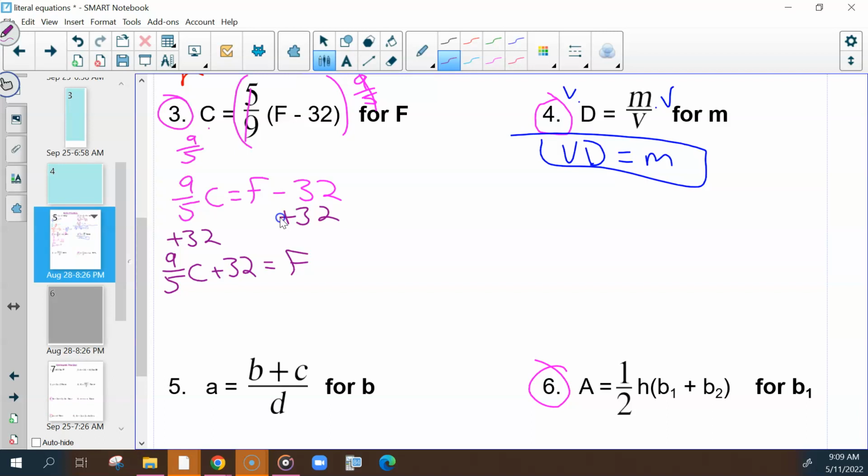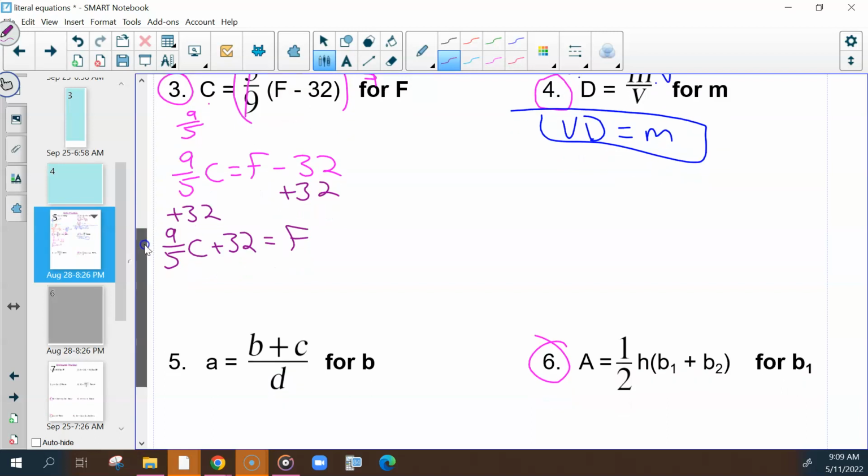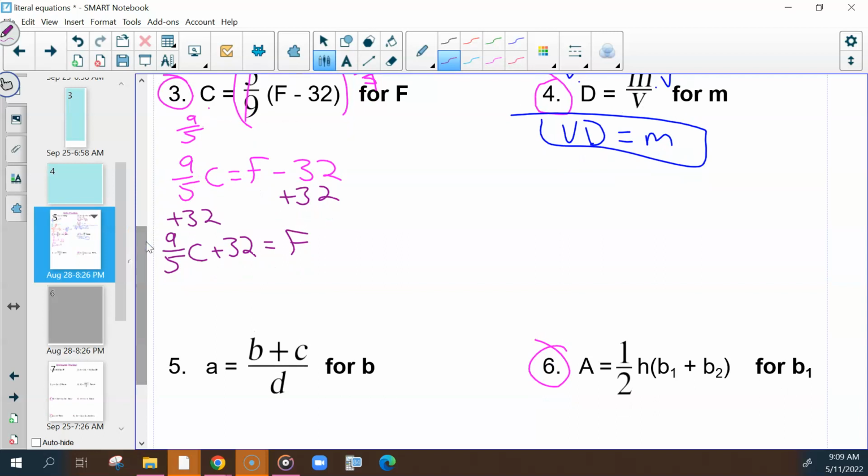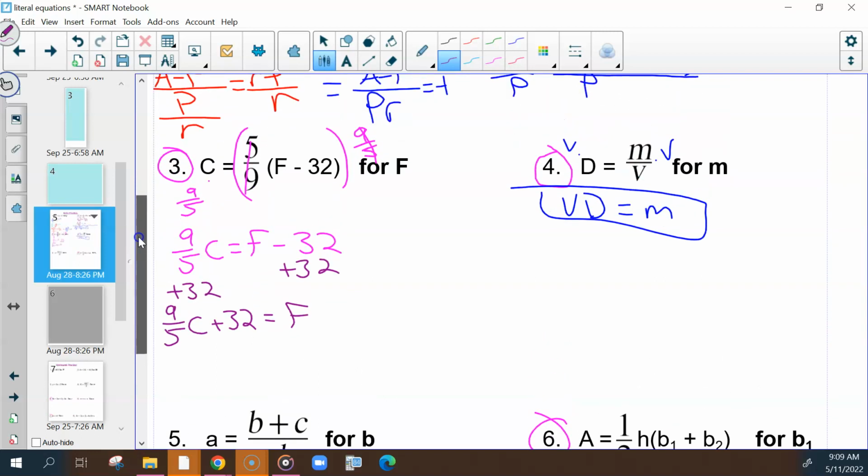Questions on 3. Why do we have to use 5 and 9? If I multiply this by 5 ninths, that would just give me 25 over 81. It would cancel it. So we would use the inverse, so that is 1.